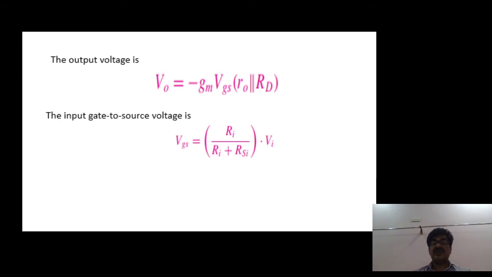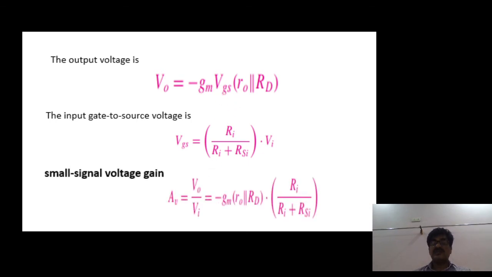Vgs is derived as Vi into Ri divided by Ri plus Rs, where Ri is the input resistance looking in before the potential divider circuit. Now substituting this Vgs in the V0 equation, the voltage gain Av is obtained as V0 by Vi equals minus gm (r0 parallel RD) into Ri divided by Ri plus Rs. Like that you can derive the voltage gain in the common source amplifier.